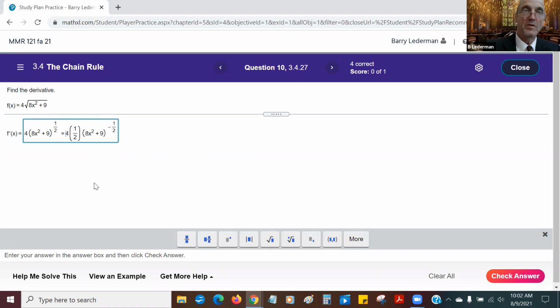But I have to multiply this whole thing by the inner derivative. And the inner derivative is 16x.